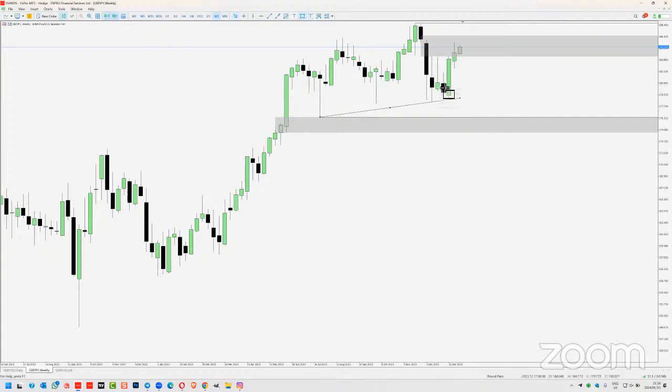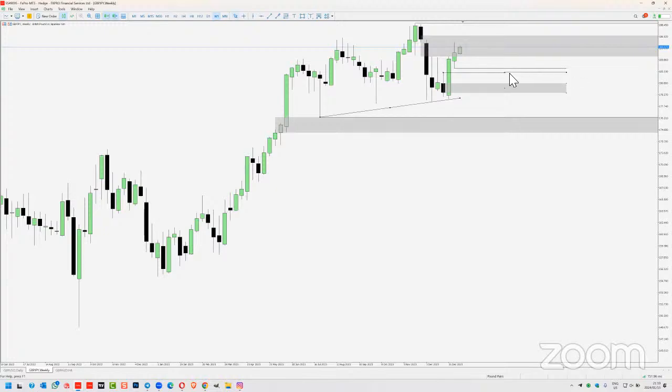Now, on the weekly chart, you need to mark your obvious PD areas, levels where you're going to be anticipating to get into the markets for your long entries. And already we've got a high probability bullish order block right there because it's accompanied by a fair value gap.